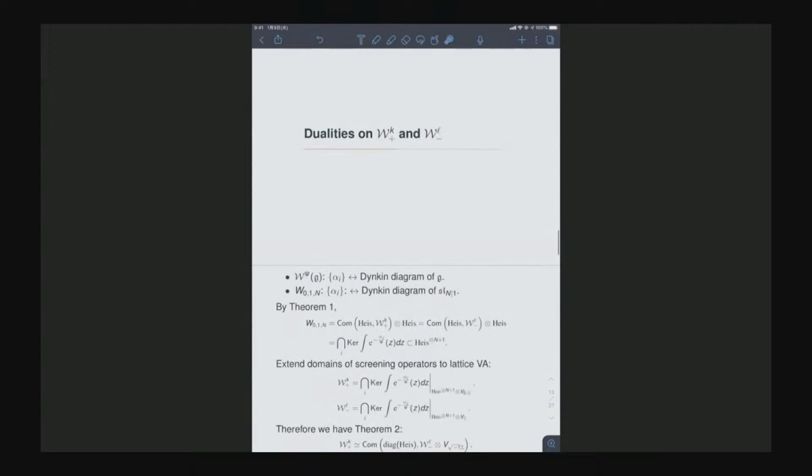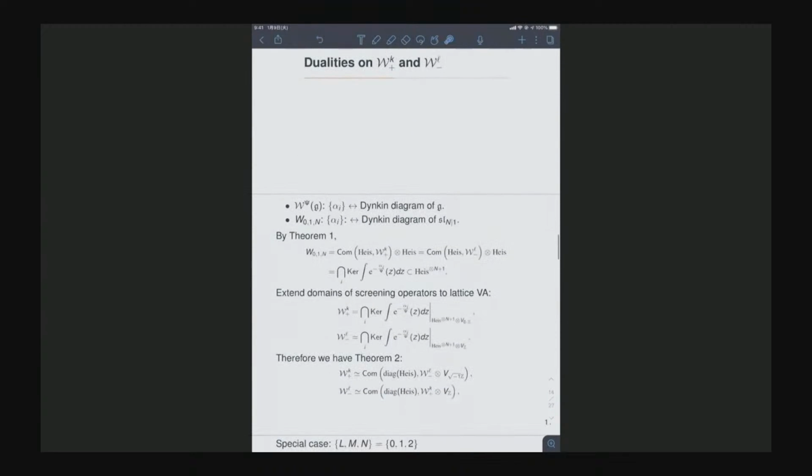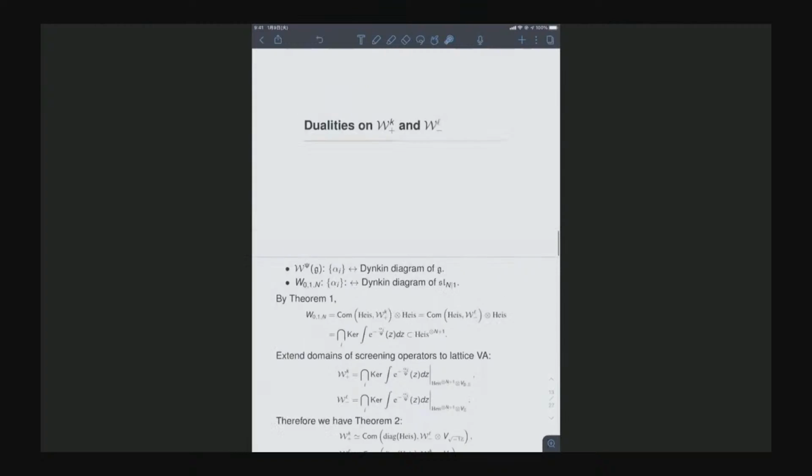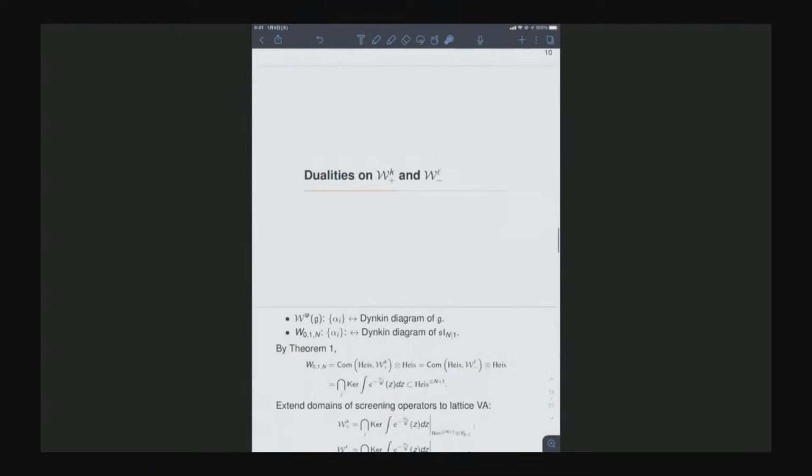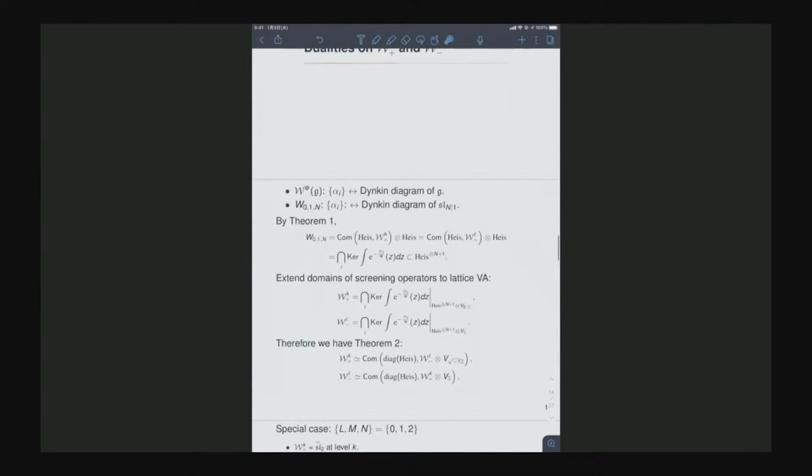But in this case, the screening charge depends on α_i, which corresponds to the simple roots of G. And in our case, we want to consider the (0,1,n) case. This α_i corresponds to the simple roots of sl_{n+1}.